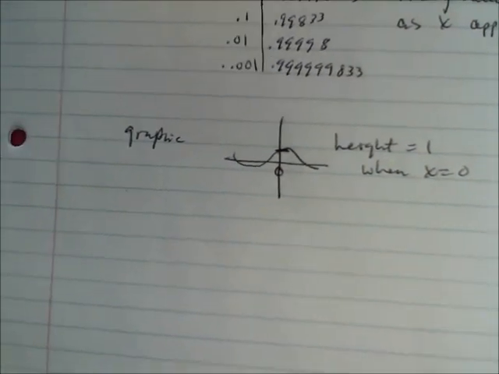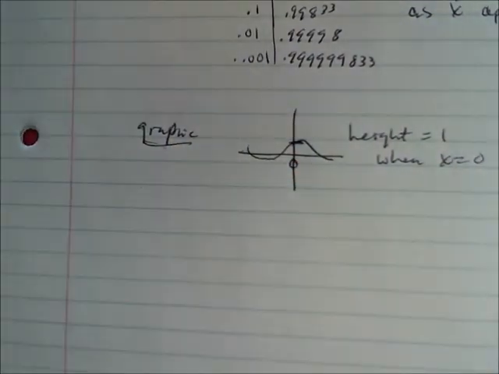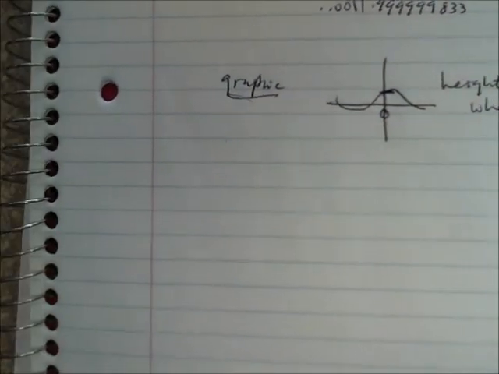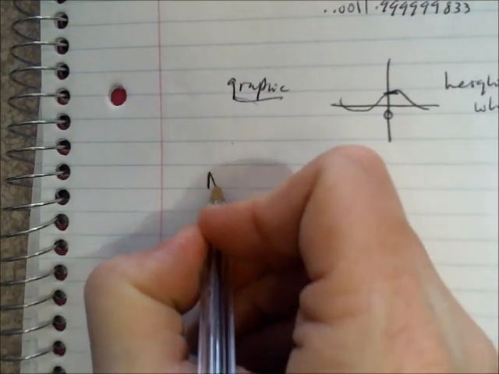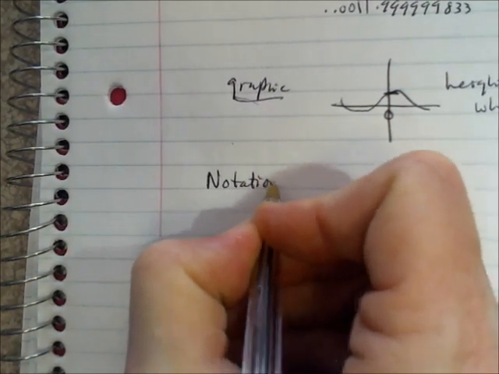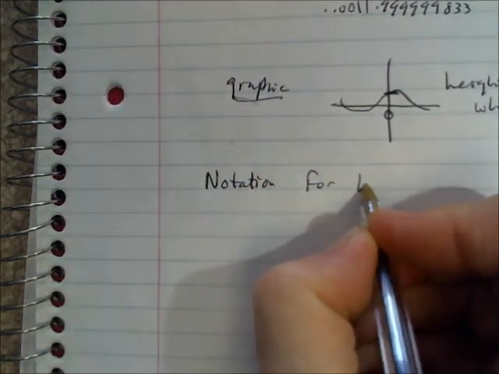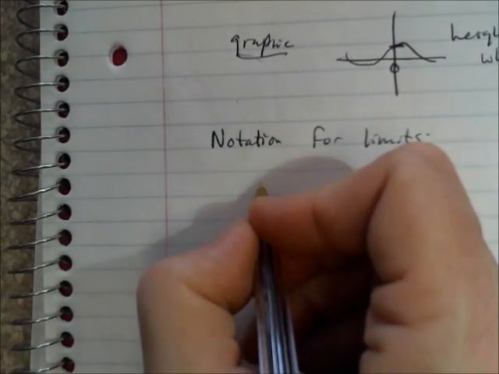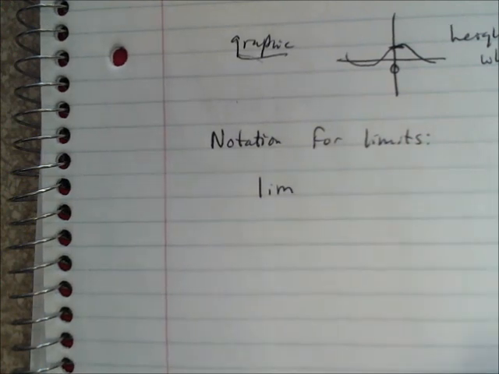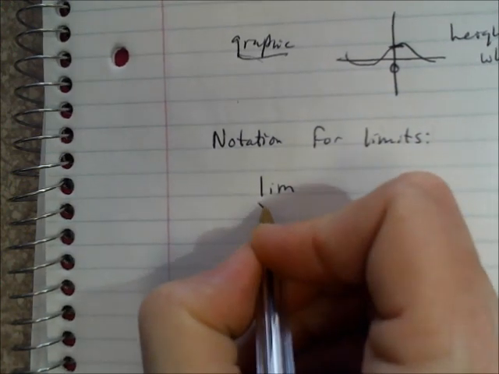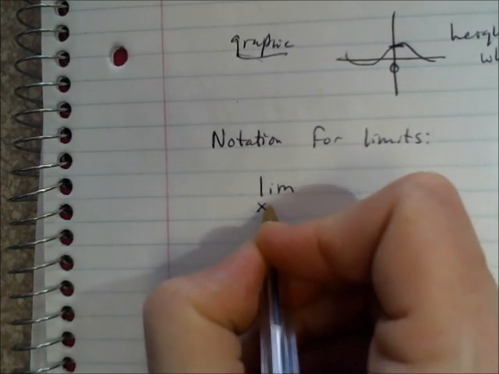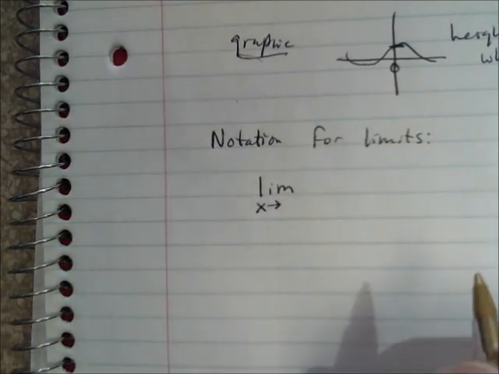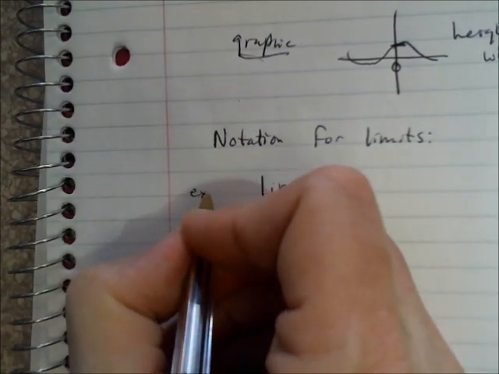All right. So those are the two ways we can analyze that function. Now to wrap this all up, I want to give you the notation for limits. How do we write these things? Well, we write these with the word LIM, that means the limit, and then underneath we say x approaches some value. I'll give you the first example, example number 1.